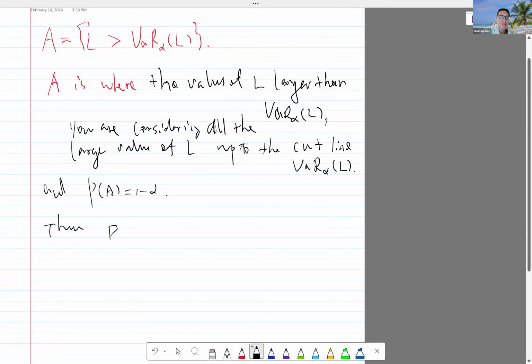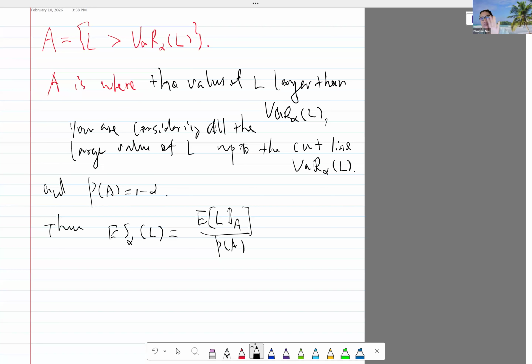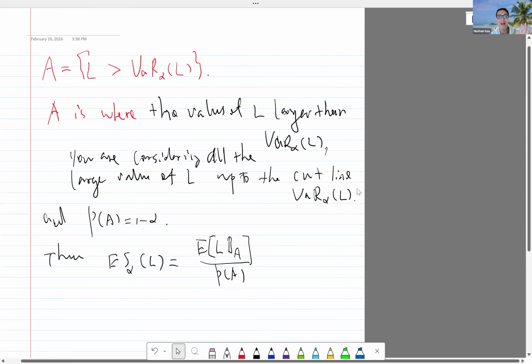Thus, you can say the expected shortfall equals the average of L on A. Remember, the expected shortfall is what? The average of the largest values on a set A, on a set A with probability 1 minus alpha, right?